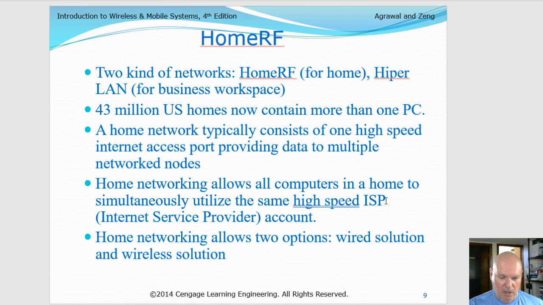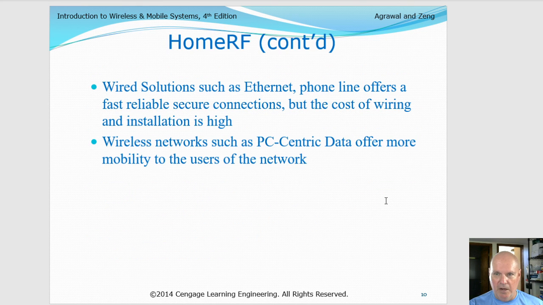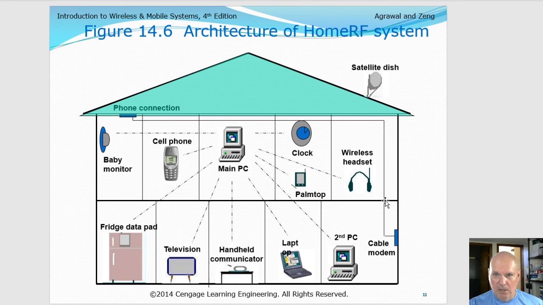But it was an early attempt to provide central control to all of the smart devices that could be connected and controlled through your Home RF network. They had to be Home RF compatible.